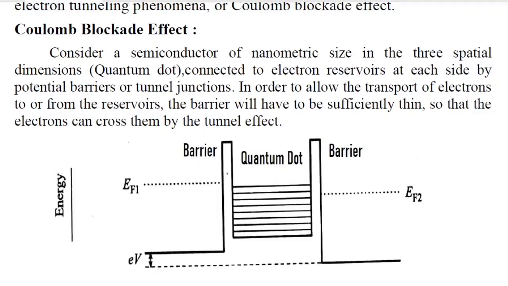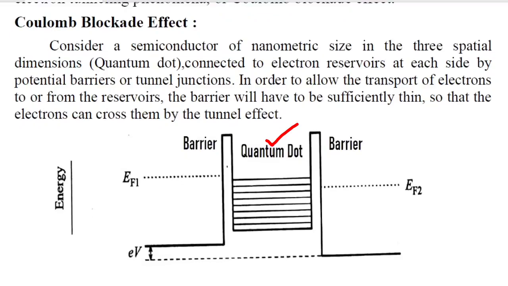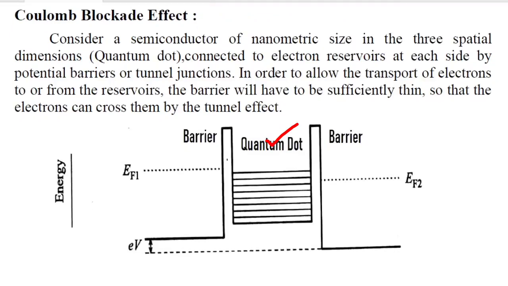Here consider a quantum dot. A quantum dot means a material, a semiconductor sheet, that is within 100 nanometers in all three axes. So here there is a quantum dot, and at the left and right side of the quantum dot there will be a potential barrier.